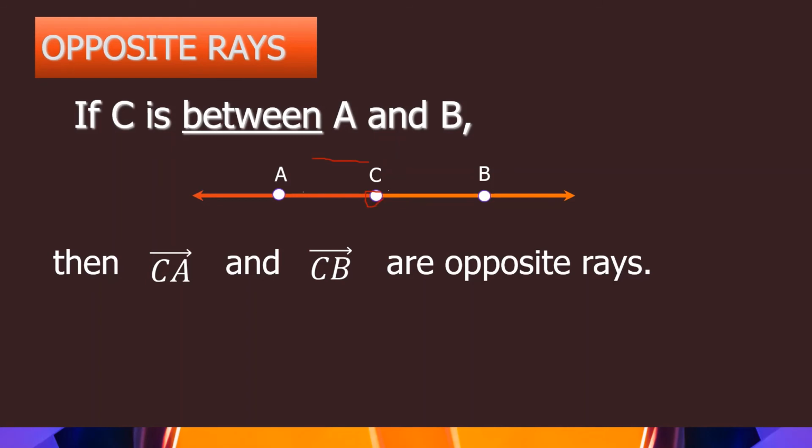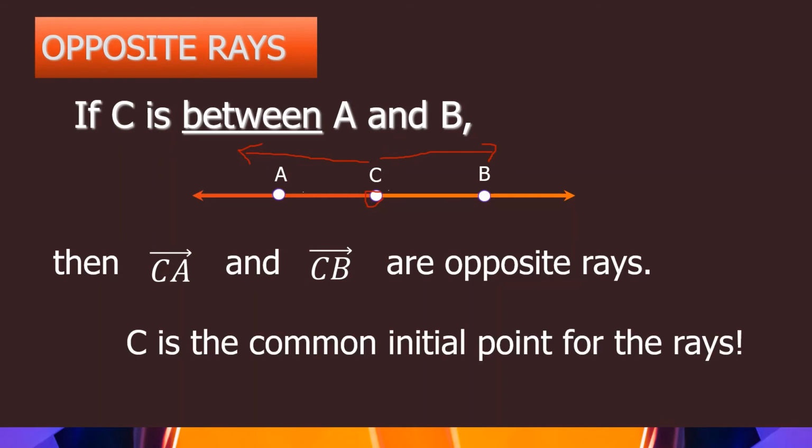Papunta sa left is what we call ray CA. Papunta sa right is what we call ray CB. Since they are in opposite directions, we can call them opposite rays. And of course, C is the common initial point for the rays.